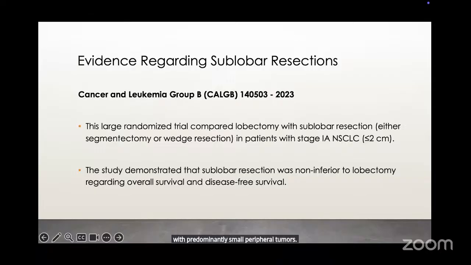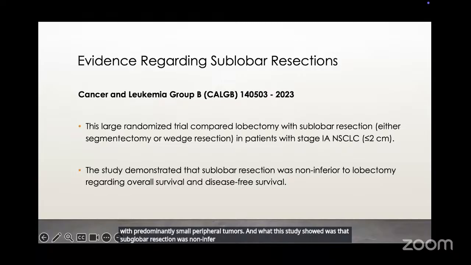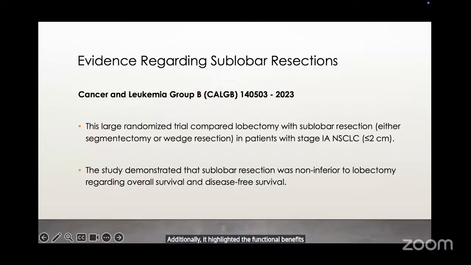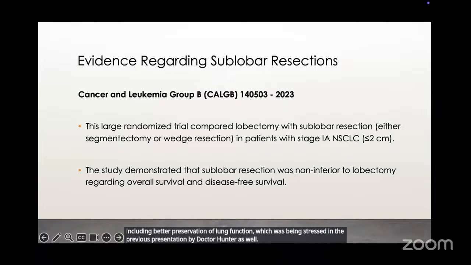What this study showed was that sublobar resection was non-inferior to lobectomy regarding overall survival and also overall disease-free survival. Additionally, it highlighted the functional benefits of sublobar resections, including better preservation of lung function, which was being stressed in the previous presentation by Dr. Hunt as well, and fewer complications.